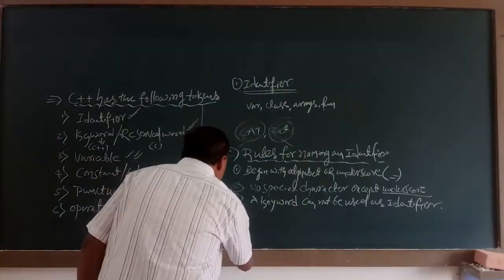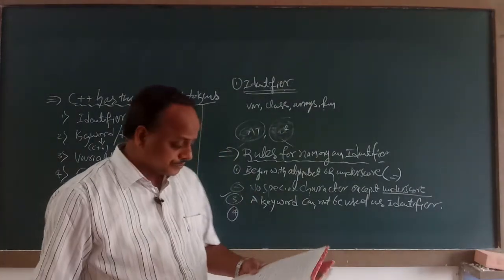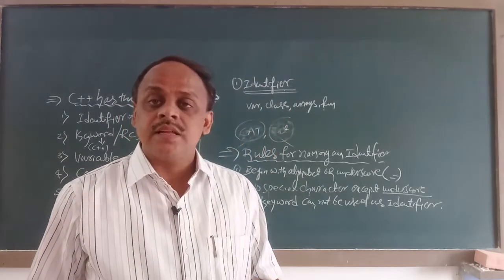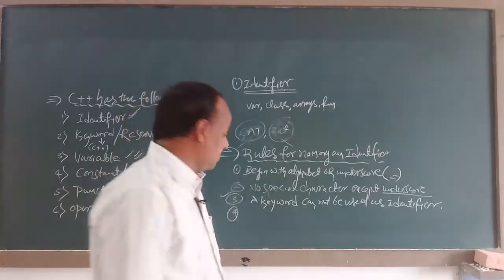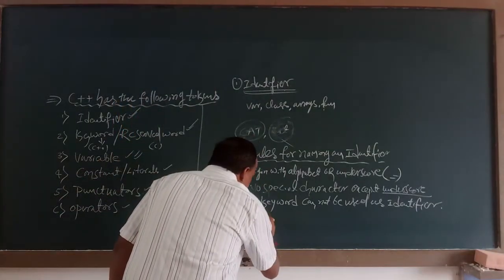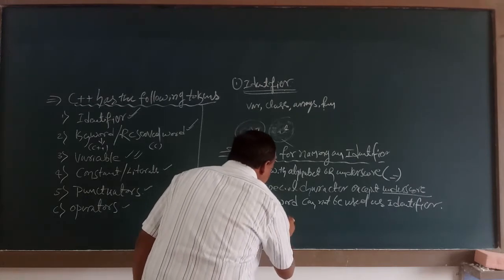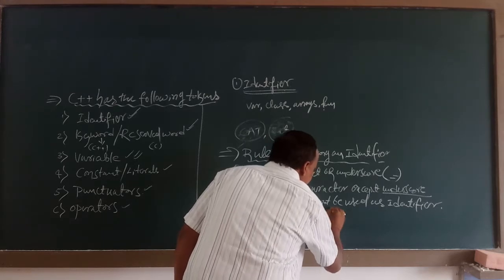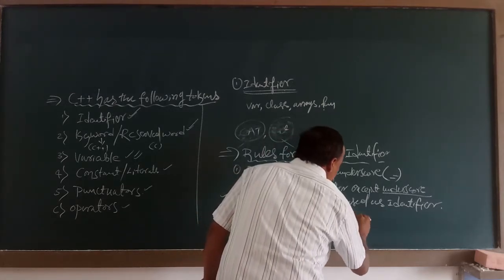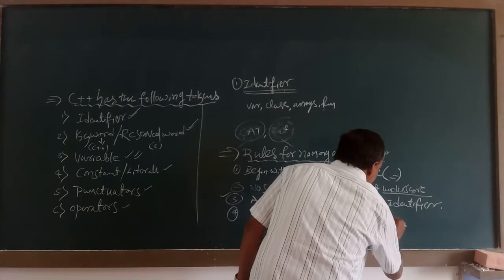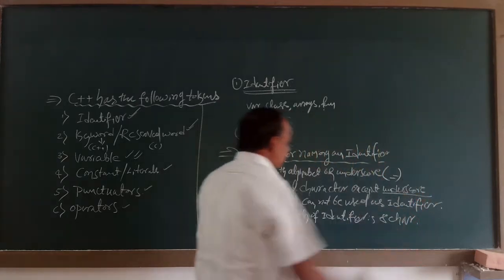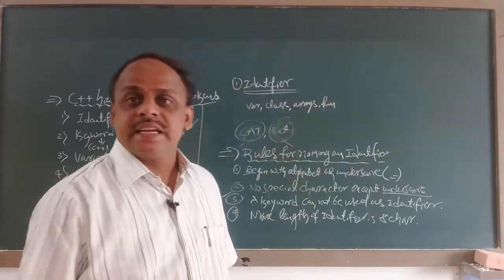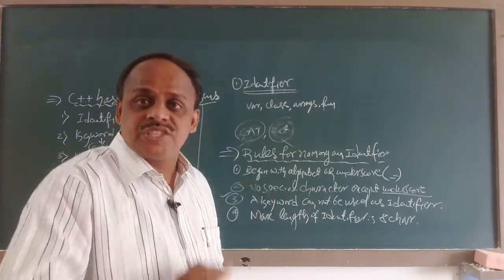Next one is the fourth one. Let us see here. Identifier should be of reasonable length, that is 8 characters. Maximum length of an identifier is 8 characters. If an identifier name is made up of more than 8 characters, it takes the first 8 characters only.